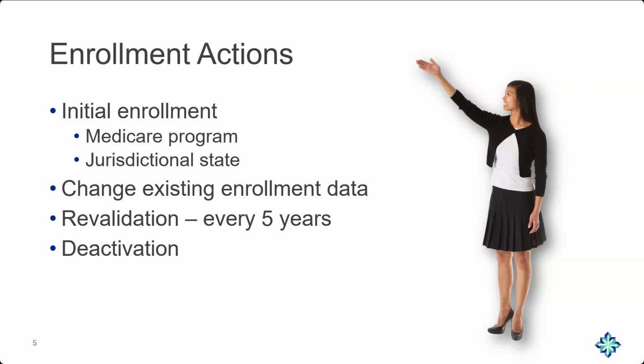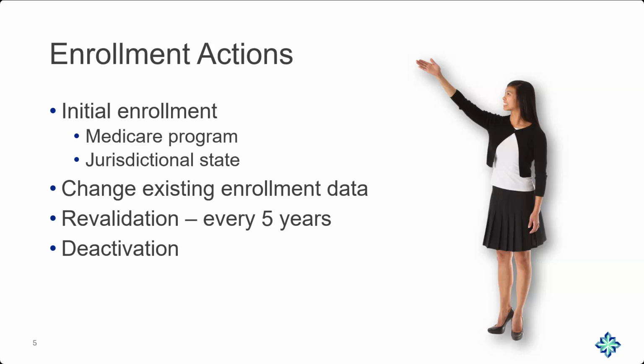The other thing that can happen is jurisdictional state. So WPS is the MAC for jurisdictions 5 and 8, and all MACs have multiple states. Now, just because you have a MAC that, say, for instance, we process claims for both Michigan and Indiana, a provider is enrolled in Michigan, now they also want to enroll in Indiana. They do actually have to enroll separately in Indiana.